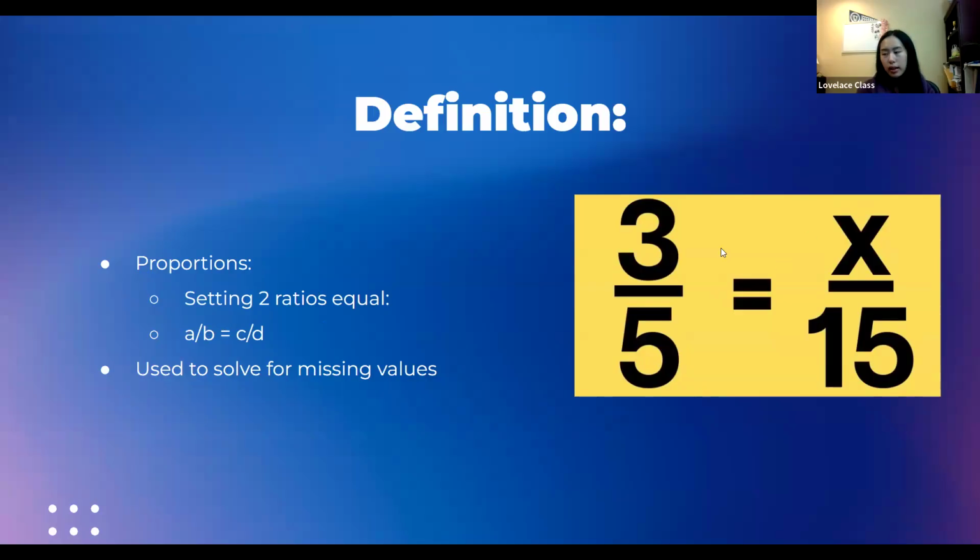So if we look on the slide to the right, we have 3 over 5 equals x over 15. That's an example of where you want to use proportions to solve for this missing value x. It's setting the two ratios, 3 to 5 and x to 15, equal.